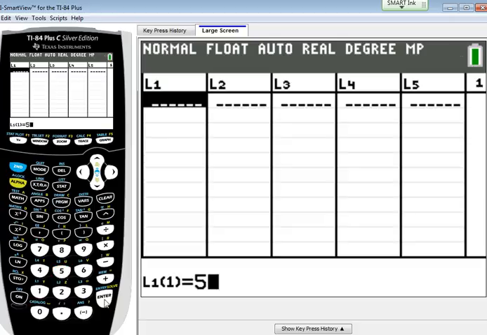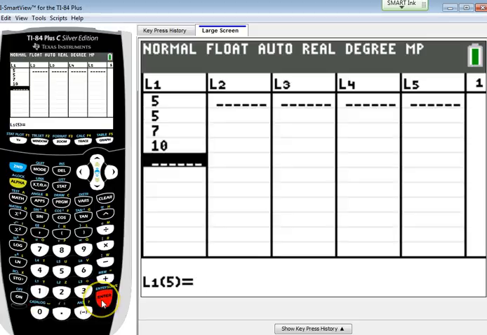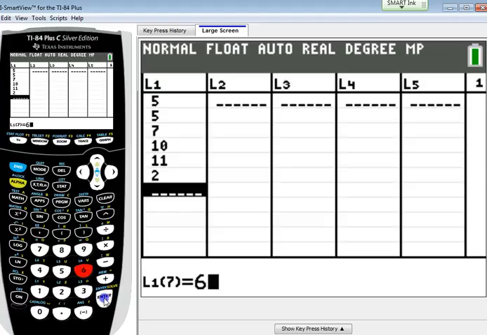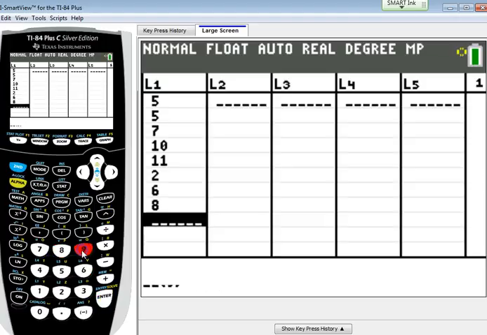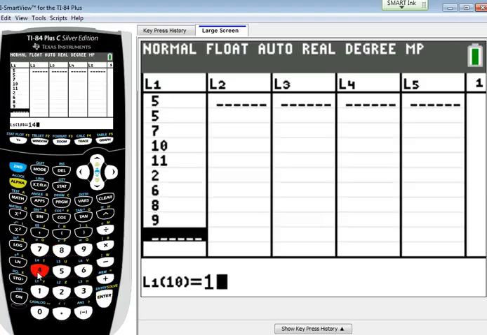So we're just going to do 5, 5, 10, 7, and you just hit enter once you put them in. 11, 2, 6.